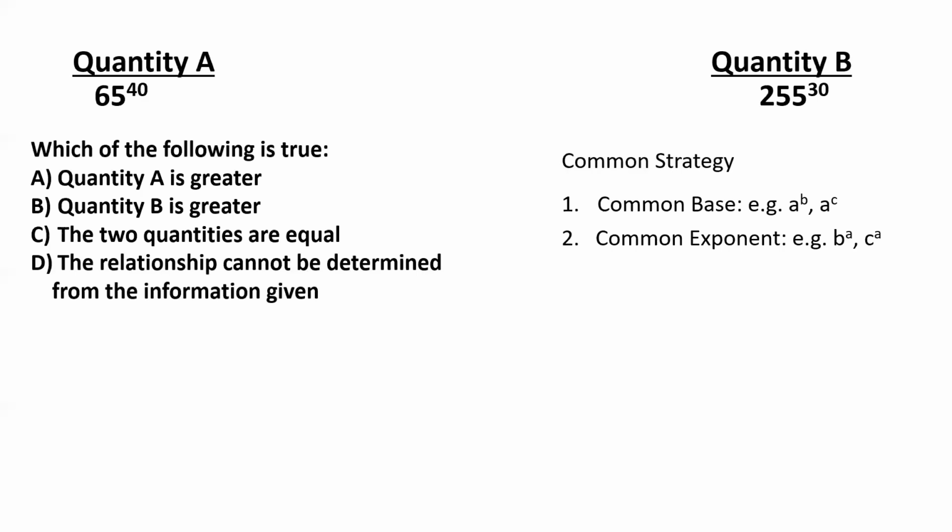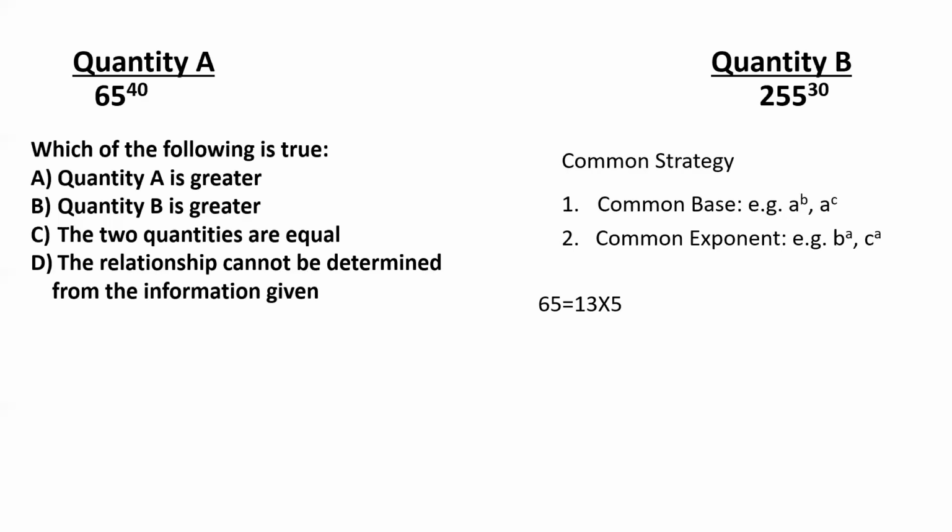Now, here we start first of all by taking a look at the bases and seeing whether we can break down the bases. So 65 can be broken down as 13 multiplied by 5. The reason we're breaking down the bases is to see if we can spot some commonality that might give us a clue on how to bring some degree of parity. Because 65 and 255 and 40, 30, they all look very different, right?